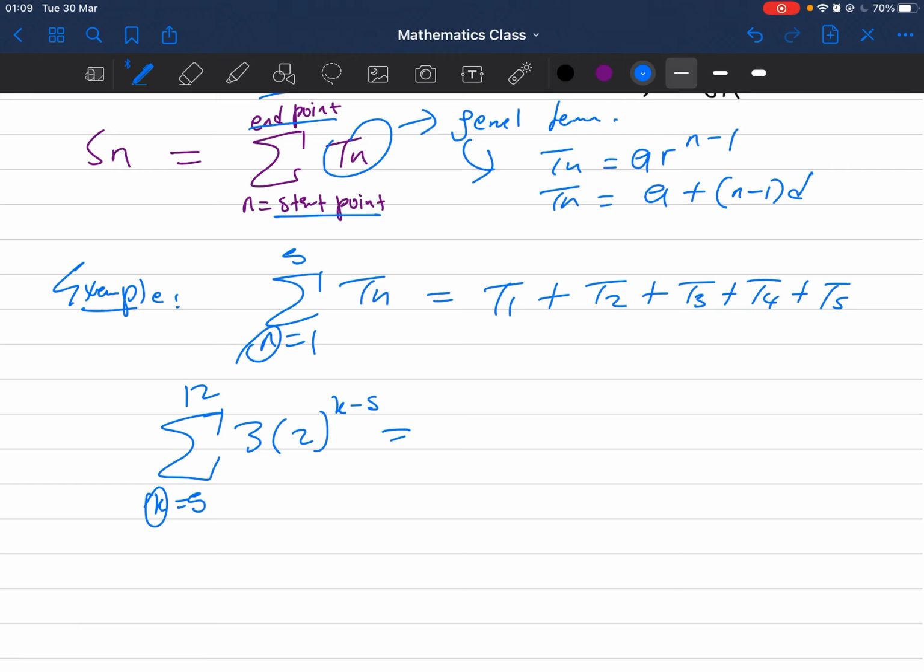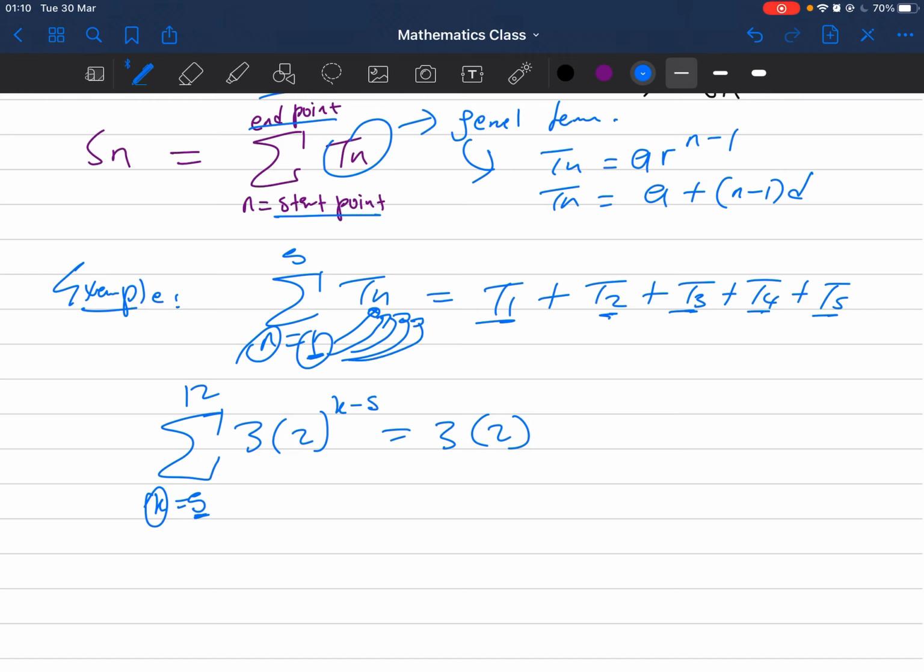To evaluate this, you have 3 times 2 power. So what changes here? See, your starting point is 5. Our starting point before was 1. So we put 1, and then it became T1. And then we increment it by 1, it becomes 2, T2. Becomes 3, and becomes T3. Becomes 4, T4.